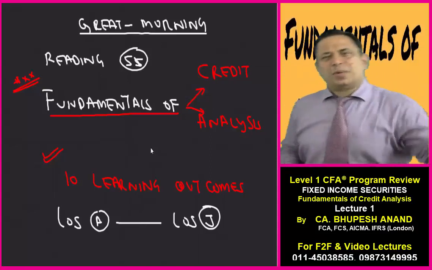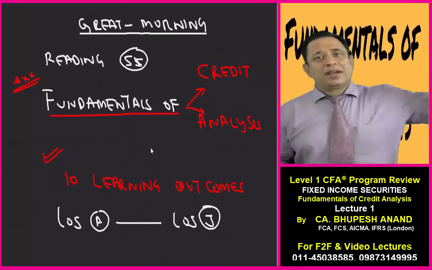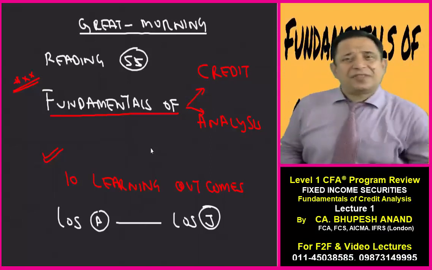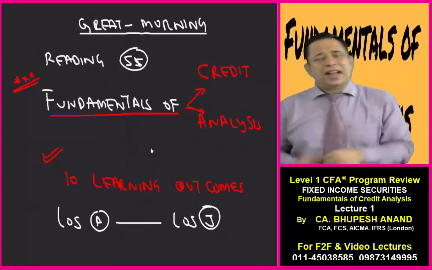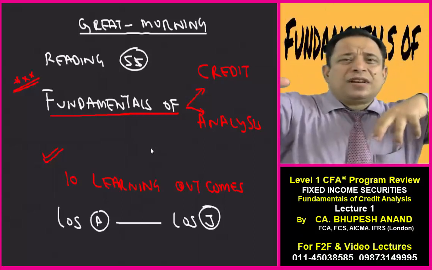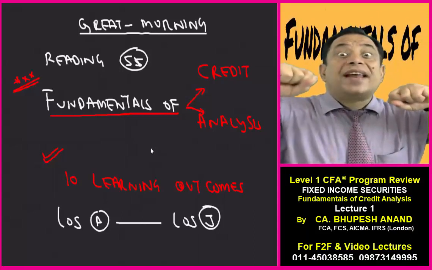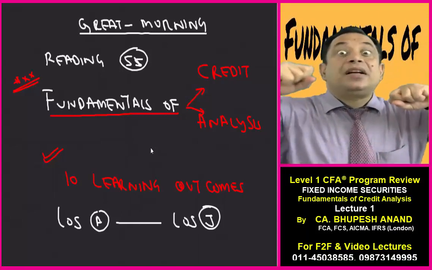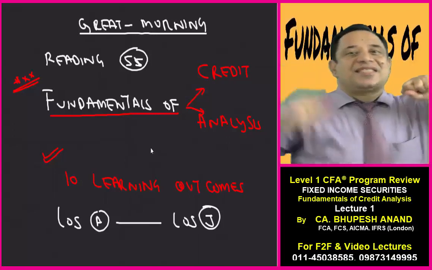We have discussed so many things in relation to fixed income in the last five readings, and so many learning outcomes. So today the last conclusion will be how to analyze a credit, the fundamentals of credit analysis.